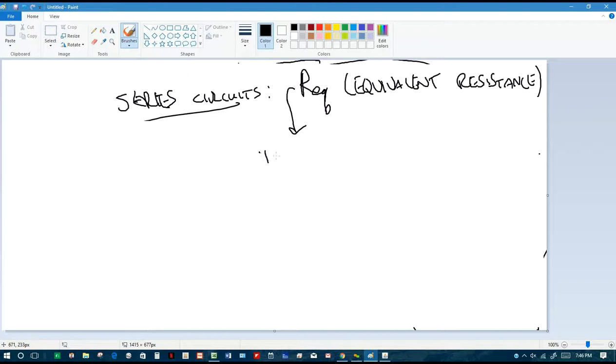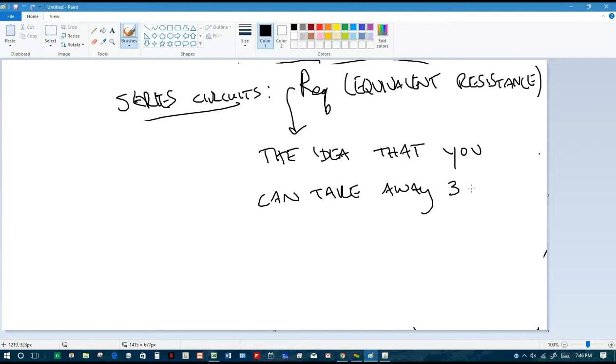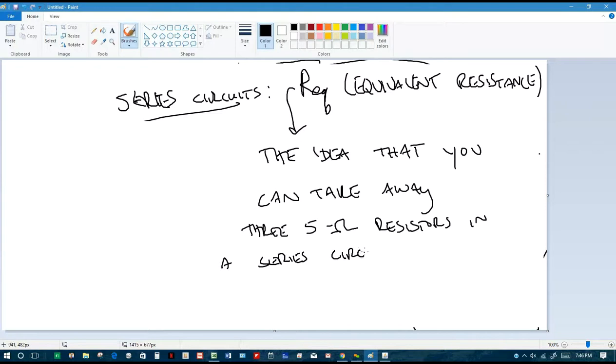Is the idea that we just talked about, that you can take away three 5-ohm resistors in a series circuit and replace them with one.